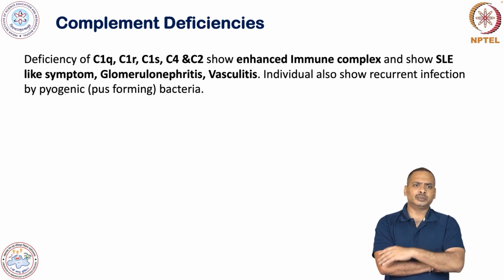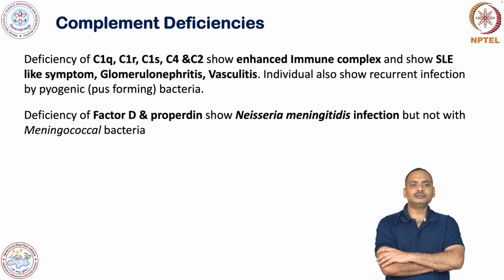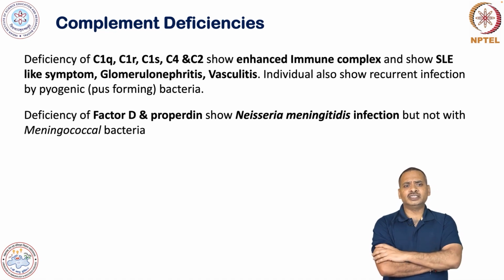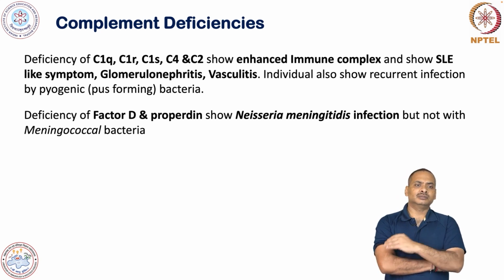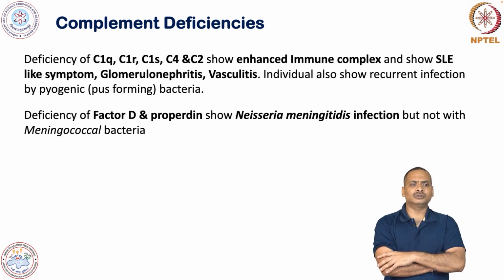Pyogenic means pus forming bacteria. Deficiency of factor D and properdin shows that these individuals will be more susceptible to Neisseria meningitidis, but not susceptible to other meningococcal bacteria.